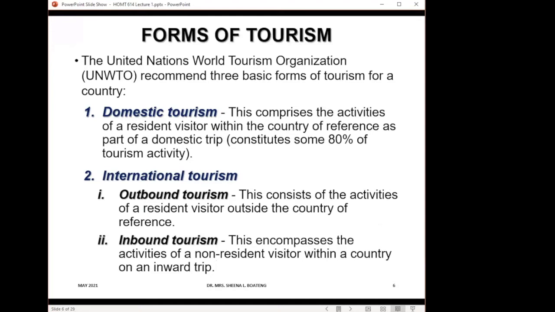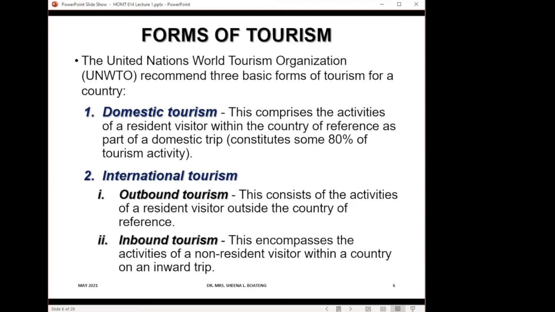So if I travel from Accra to Kumasi, or from Accra to Tamale, it's domestic tourism. And this constitutes about 80% of tourism activity, meaning people moving around within their own countries.